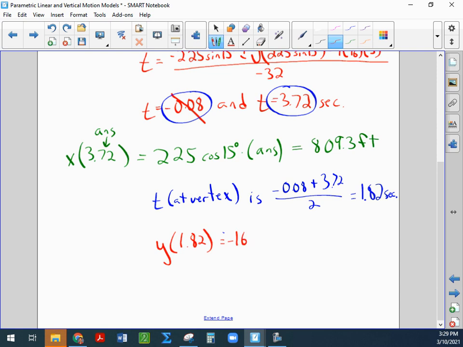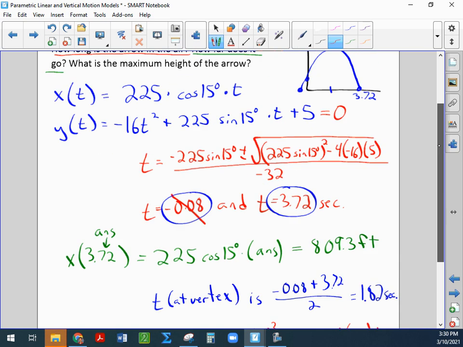So negative 16 times my answer squared plus 225 sine 15 degrees times my answer plus, what did I do? Start at 5 feet.